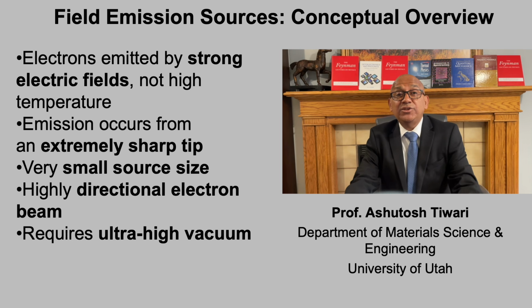However, maintaining a stable clean emitter requires ultra-high vacuum, which is one of the key practical constraints of field emission sources. At this stage, it is enough to understand how field emission differs conceptually from thermionic emission. We will return to the detailed physics and implementation of field emission guns in the next lecture.